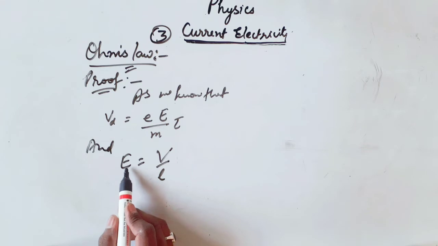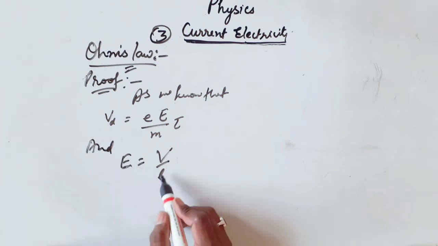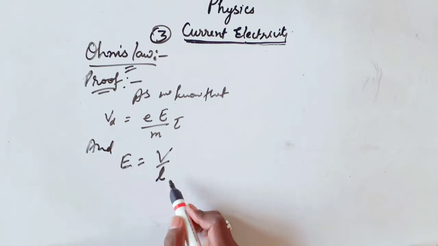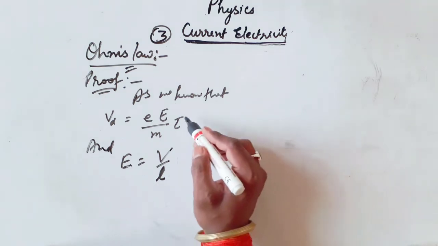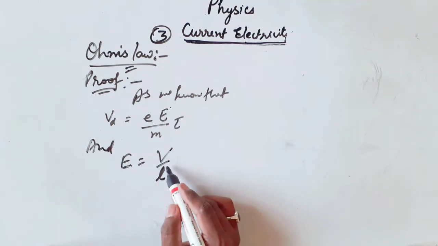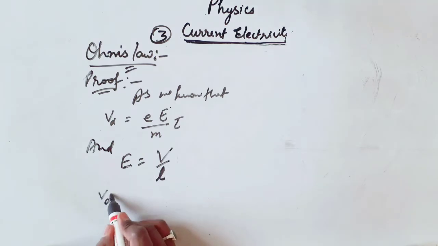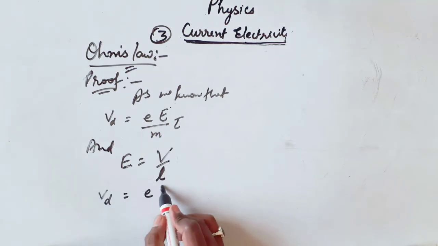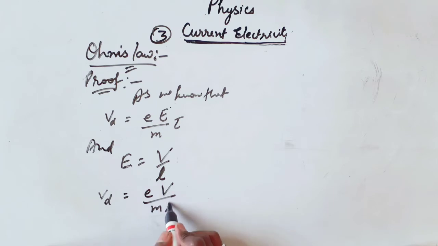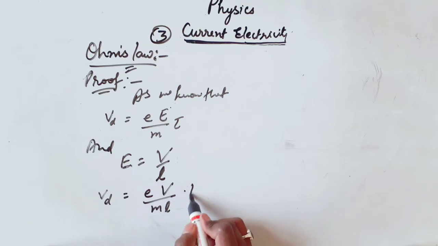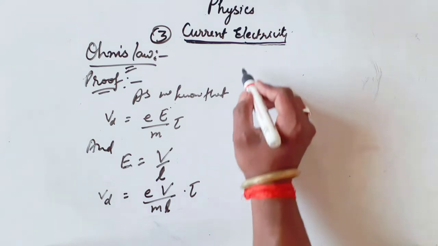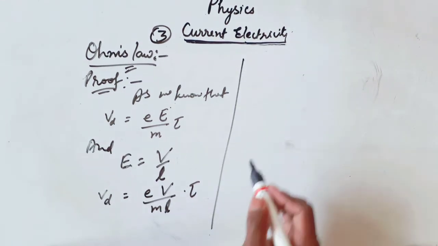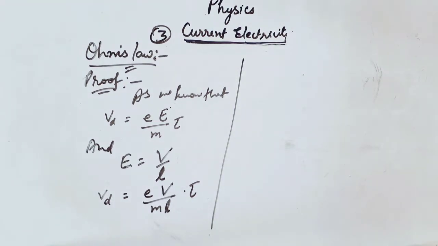Electric field intensity is always equal to applied potential per unit length. So in place of E, we place the value V upon L. So Vd will be equal to e into V upon m into L into tau.